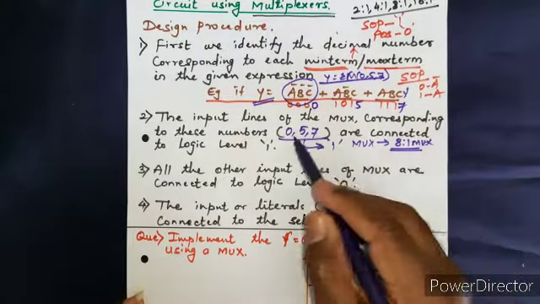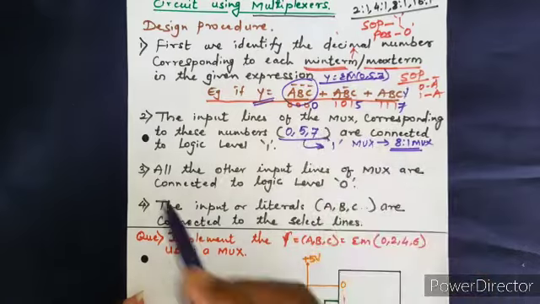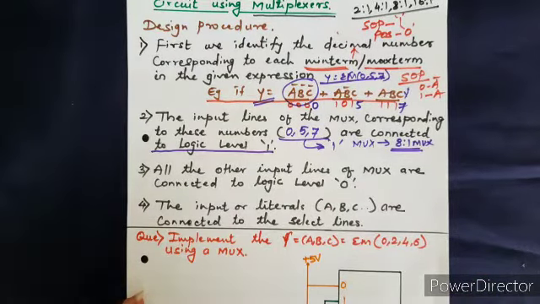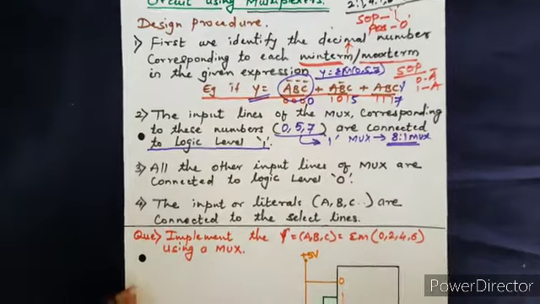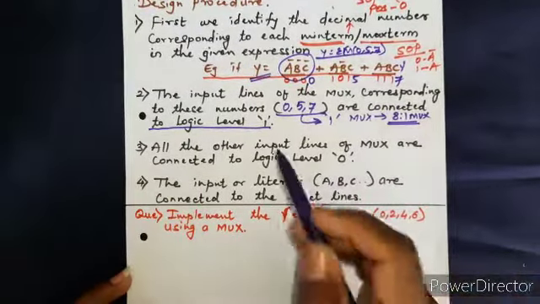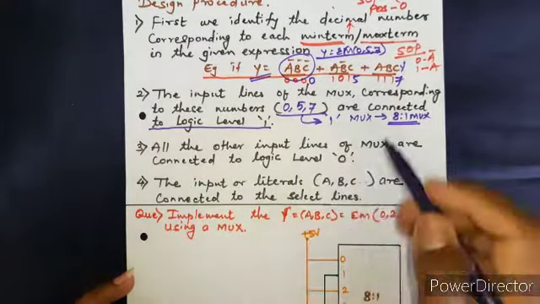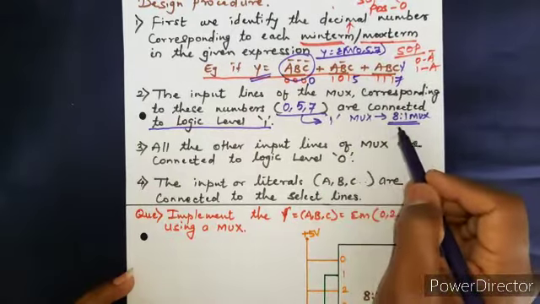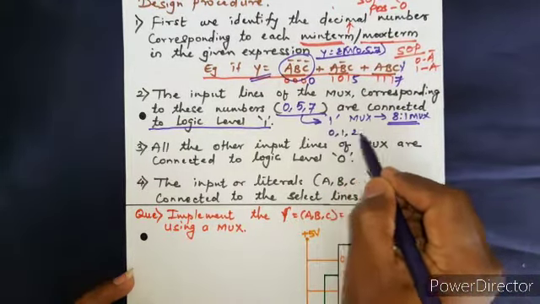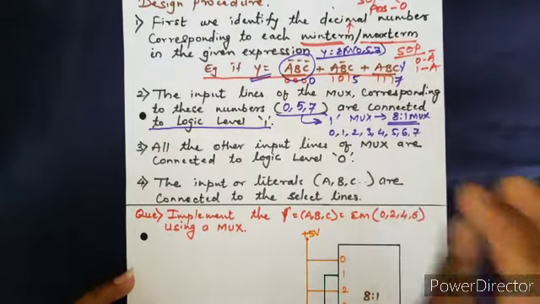These input lines 0, 5, 7 are supposed to be connected to logic level 1. We will see this when we actually design the circuit, but for now just understand this. All other input lines: since it is 8:1 we have 8 inputs, 0, 1, 2, 3, 4, 5, 6 and 7.